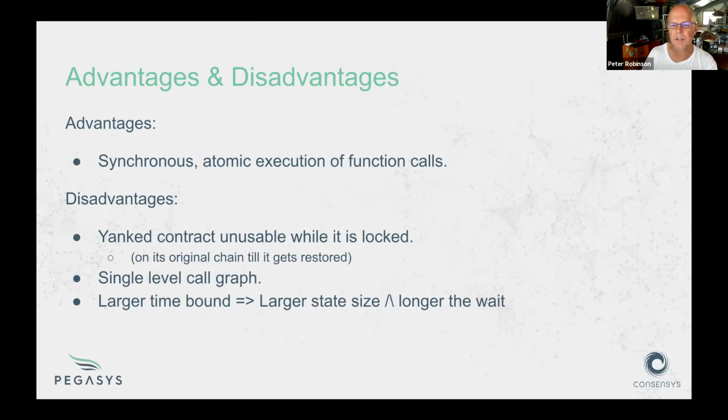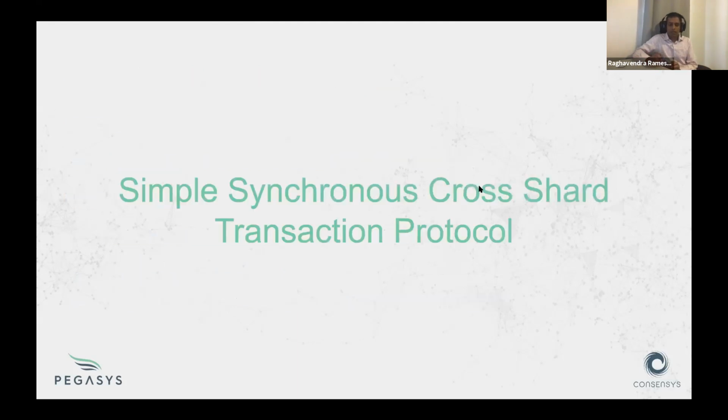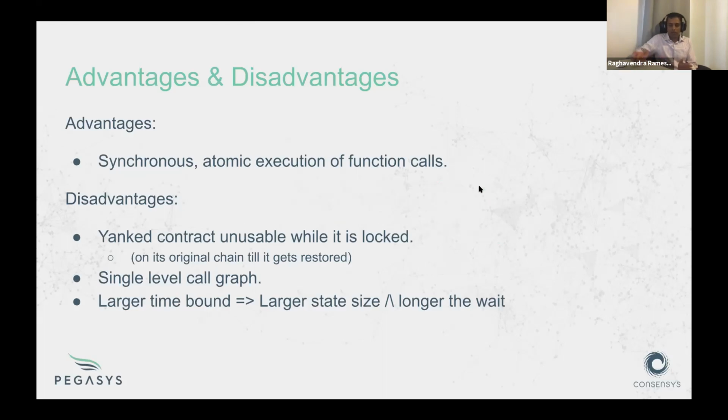Is that it, Raghavendra? Yeah, I mean, if the time bound for the contract to be usable on the destination shard is longer, then if there are many contracts in the line, you would have to accumulate larger state size. Okay.